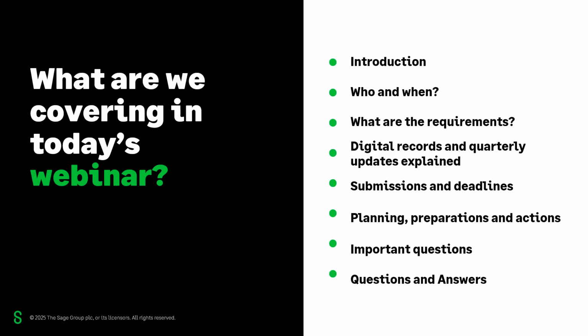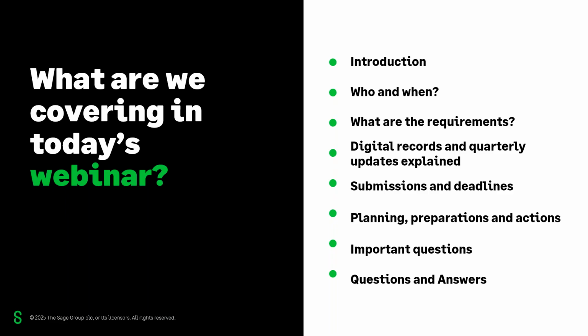Okay, so this is what we're going to be covering on today's webinar. We're going to start by introducing Making Tax Digital, what it is and when it was first introduced. Then we'll look at who will be impacted and when, and the different thresholds. What are the requirements? We've broken it down into 3 sections: recording, submitting your quarterly reports, and your final adjustments and your tax return.